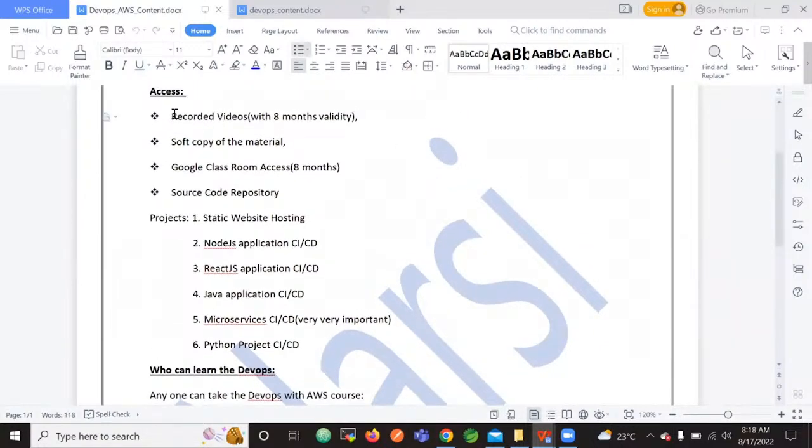Live recorded videos with 8 months validity, a soft copy of the material, and Google Classroom access for accessing the material. The source code repository will be shared with you, which contains 6 projects.